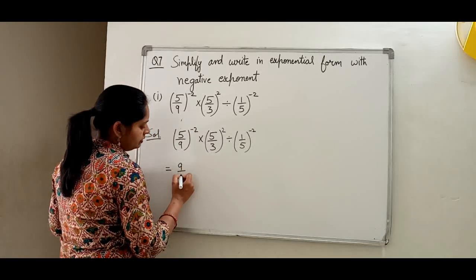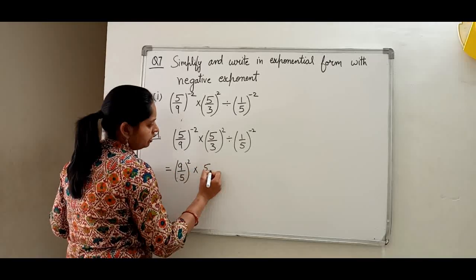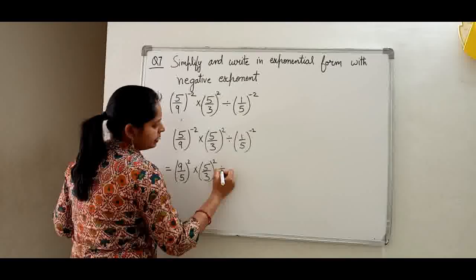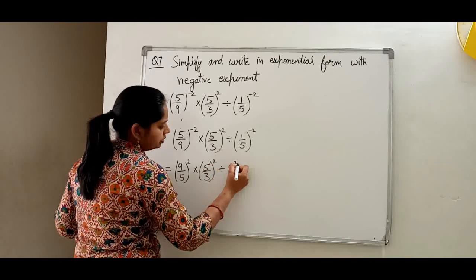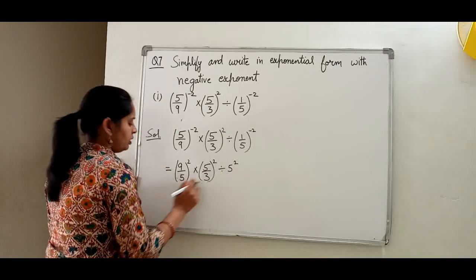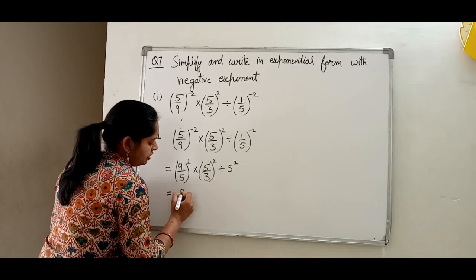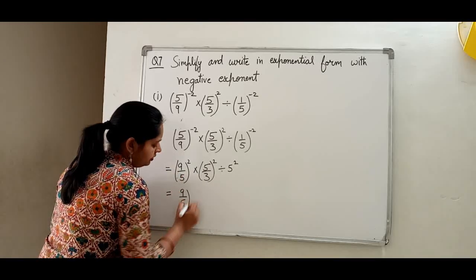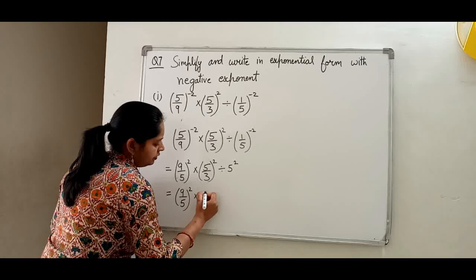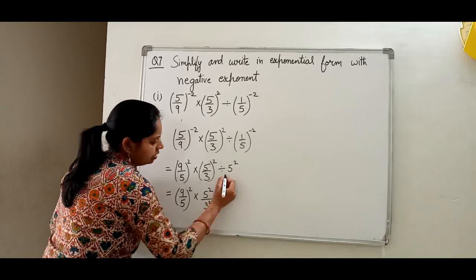(9/5) to the power 2 multiplied by (5/3) to the power 2 divided by 5 to the power 2. Divide is there, means we have to multiply by the reciprocal of this. So here (9/5) whole to the power 2 multiplied by 5^2 upon 3^2, we can write it down.